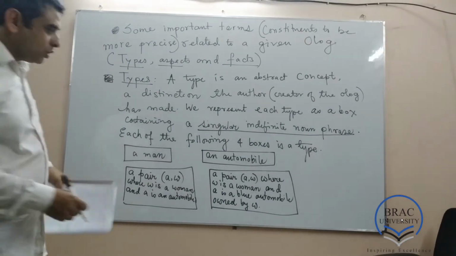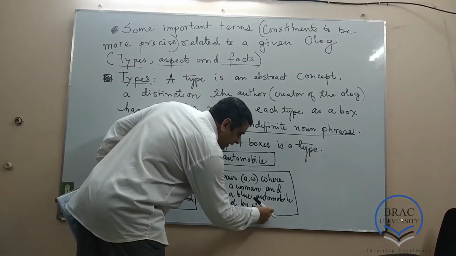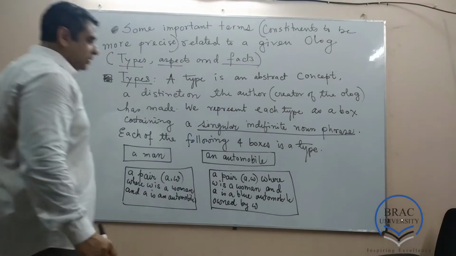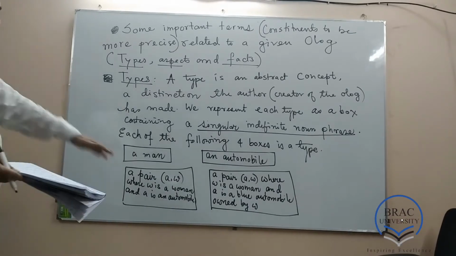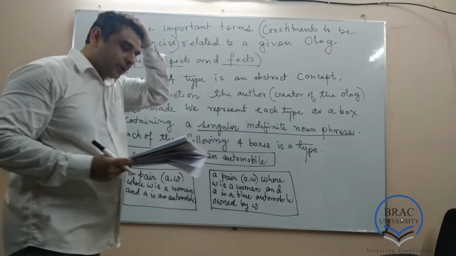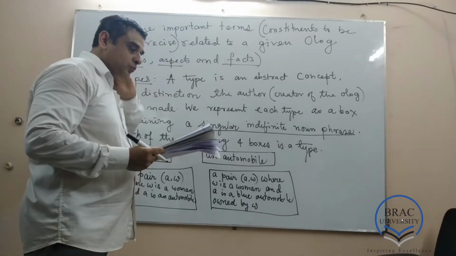Again I put a punctuation sign here, I should not. Okay. So these are four examples of types.